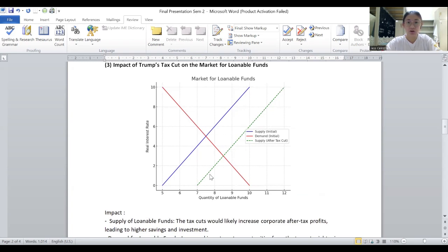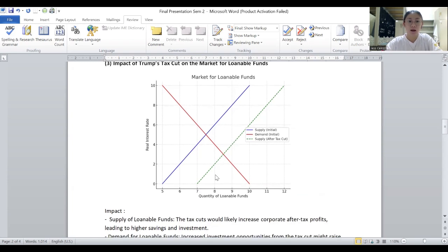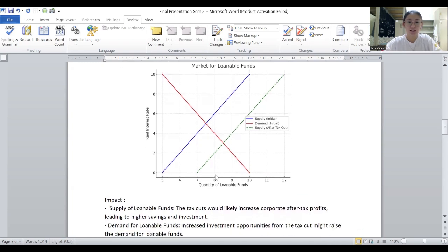As you can see here, the supply becomes the green line after the tax cut, leading to higher saving and investment. But the demand will also increase. The increased investment opportunities from the tax cut might raise the demand for loanable funds.